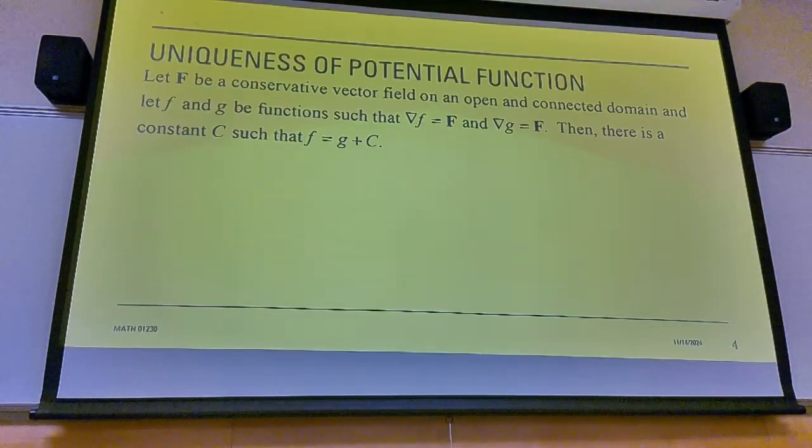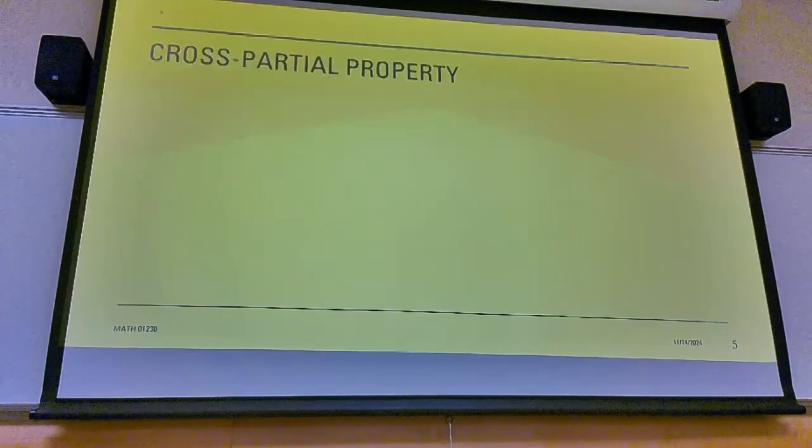Well, what if we're given a field and we want to determine if it is conservative? This is the cross partial property.